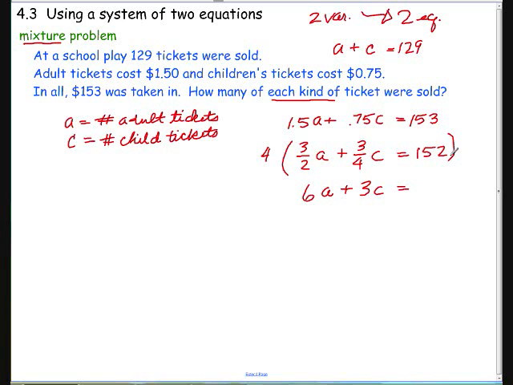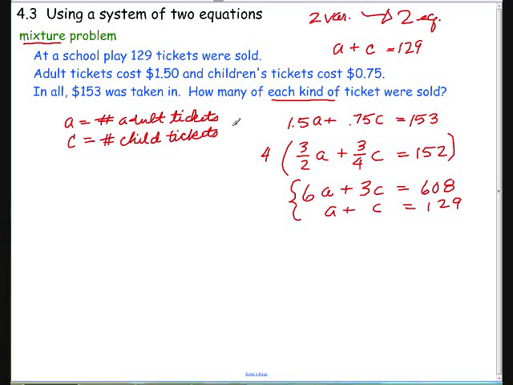And I'll have 152 times 4, yikes, which will be 608. I hope I'm right on that. Now I've got a plus c equals 129. So there's my system of two equations.